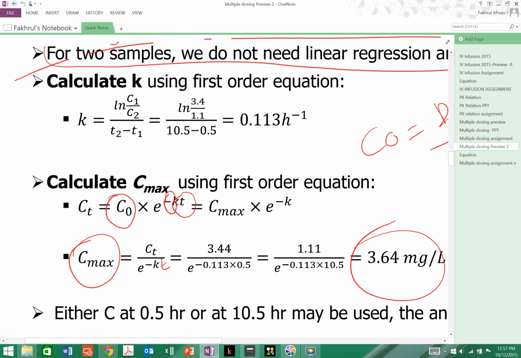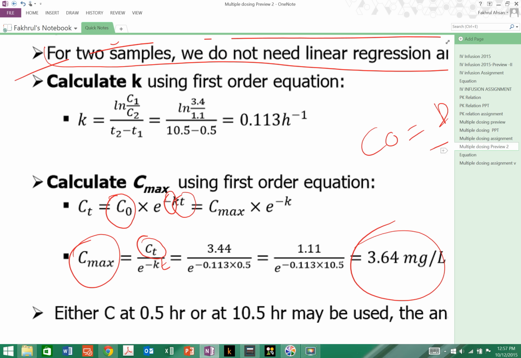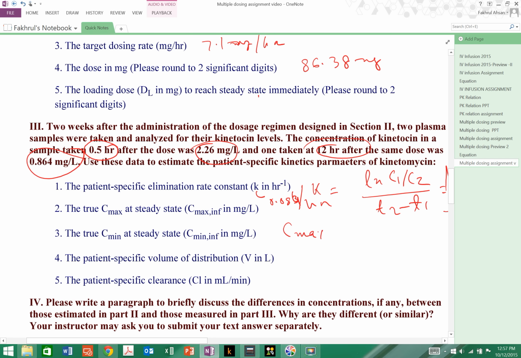So to calculate Cmax, you have Ct at a certain concentration, and we have to use e to the k tau. So for multiple dosing, Cmax is equal to Ct times e to the negative k t.